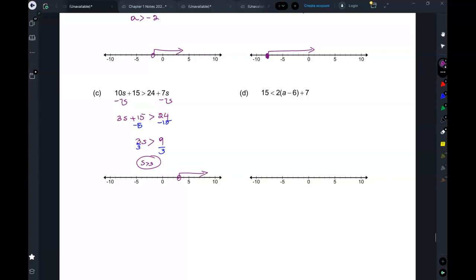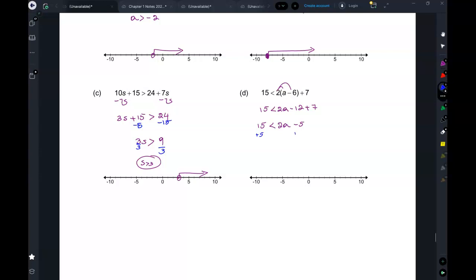Ooh, what do I do first for the next problem? What do you guys think? Starts with a D, ends with an E: distribute. Distribute! Yeah. 2a minus 12 plus 7. So 15 is less than 2a minus 5.